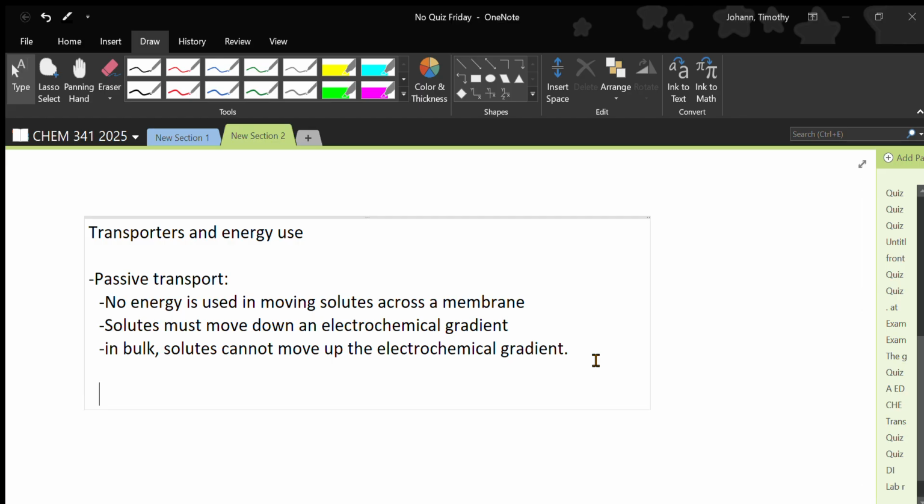All right, so then let's talk about active transport. Energy is used to move solutes across the membrane.